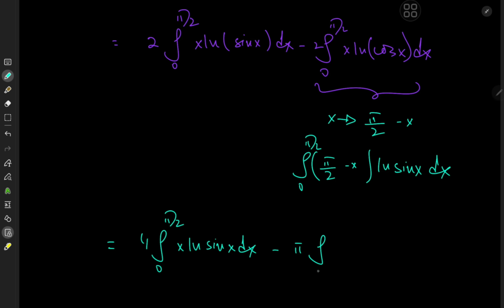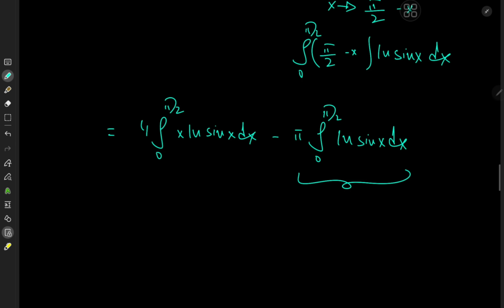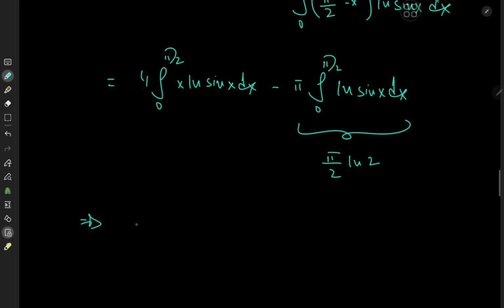So we have pi times the integral from 0 to pi over 2 of log sine x, which is again one of Euler's famous log-trig integrals, and this thing of course converges to pi over 2 times log 2. Which implies that the target integral, I'll call this thing I sub 1, equals I sub 1 minus pi squared over 2 log 2.